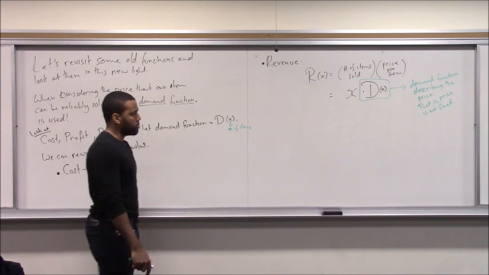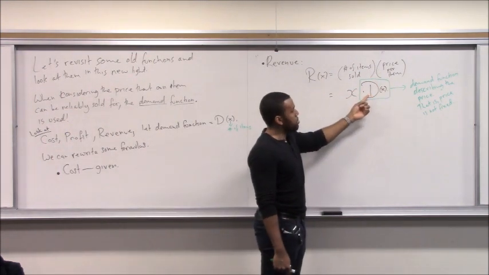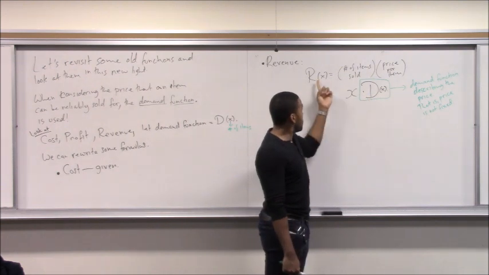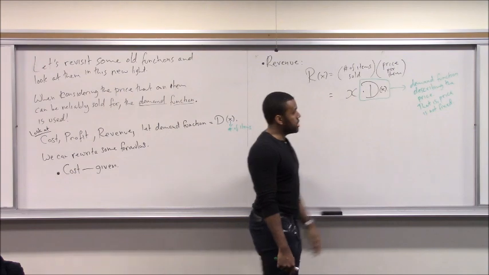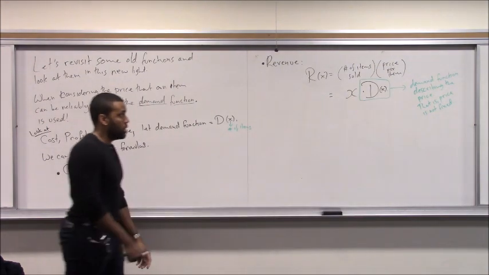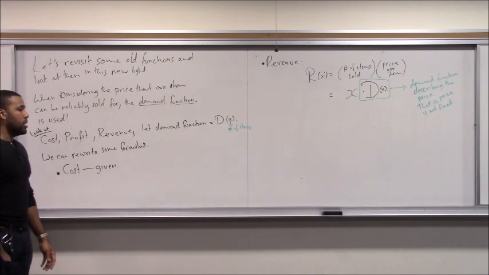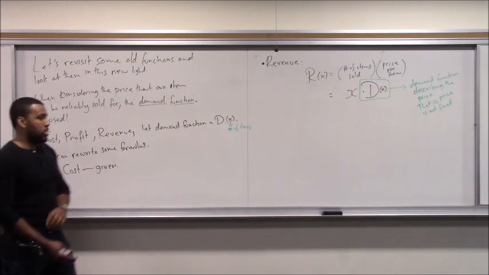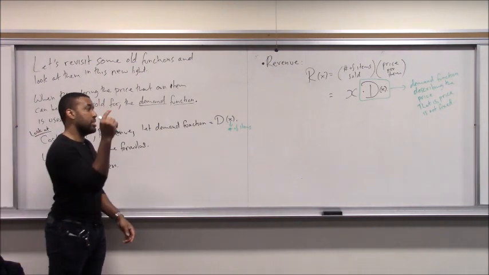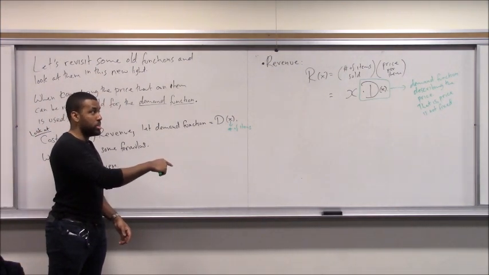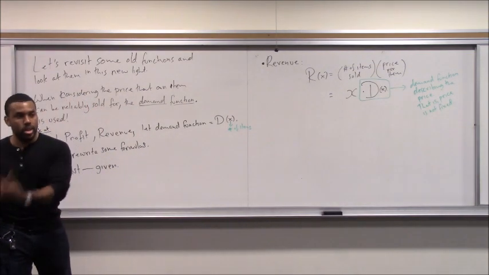Right? So once your price becomes a variable, which is described by the market, we would think of revenue as X times the demand function, right? And that's going to tell you the price that you're selling the product at. So not necessarily X times P, but X times the demand function. There are times when they might tell you a supply and a demand function and then ask you about revenue, and you need to know, okay, I need to pick the demand function, which is going to be the decreasing one, and multiply that by x, that's going to be revenue.